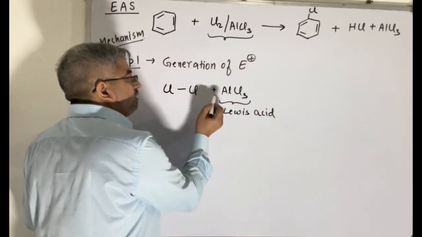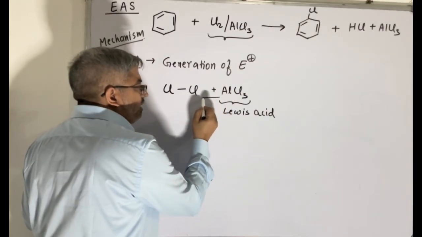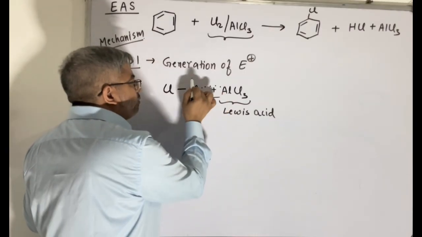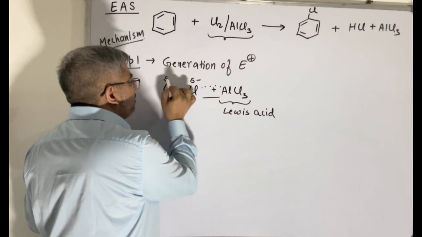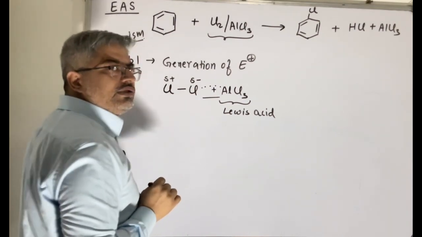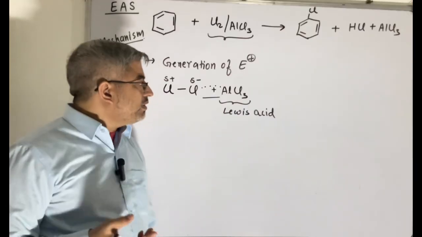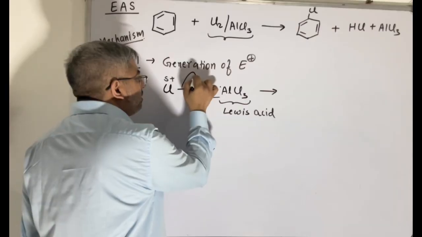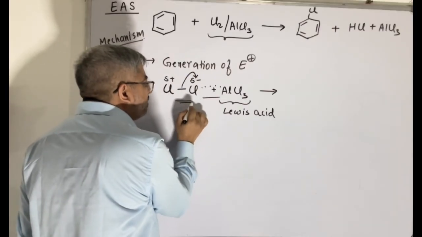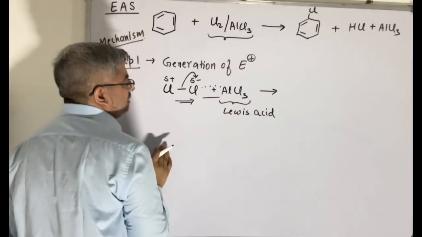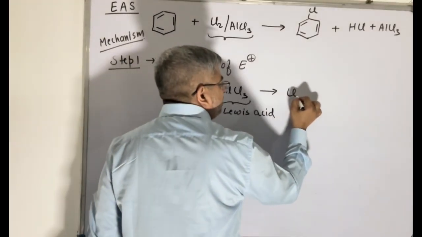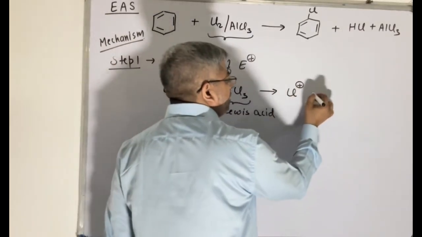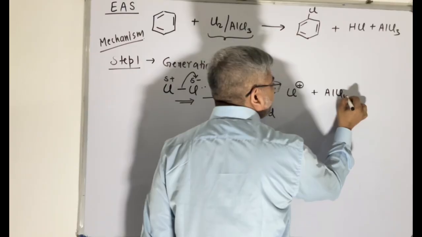When it comes near to Cl2, it interacts and starts polarizing this Cl2 molecule, and a partial negative and partial positive charge builds up over the Cl2. In due course, the two electrons of this bond get shifted over to this Cl, and this Cl becomes Cl+, and this becomes AlCl4-.